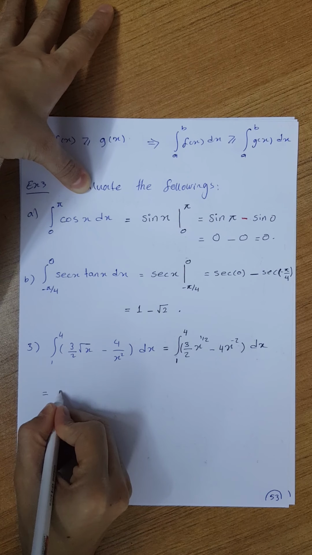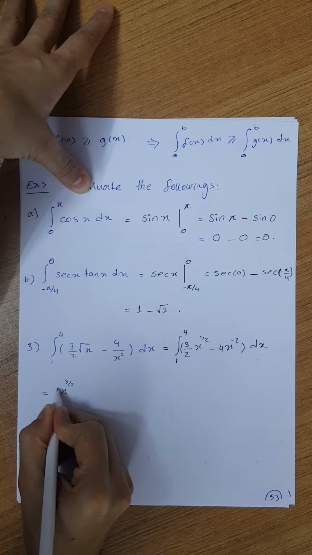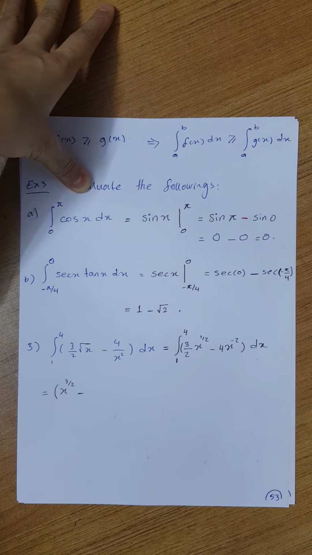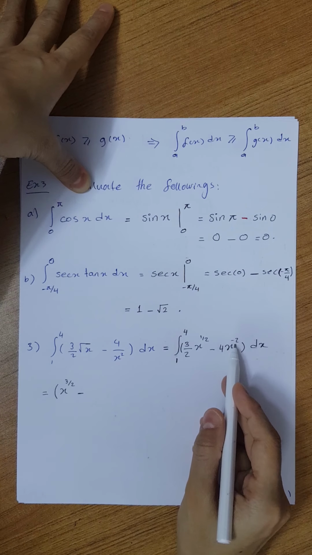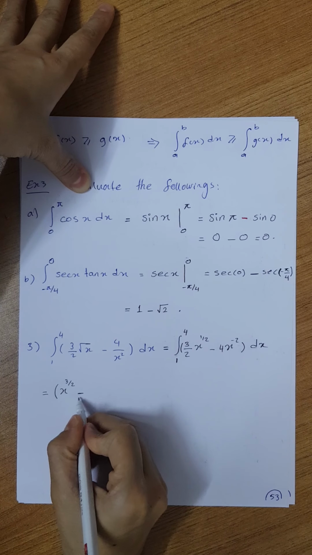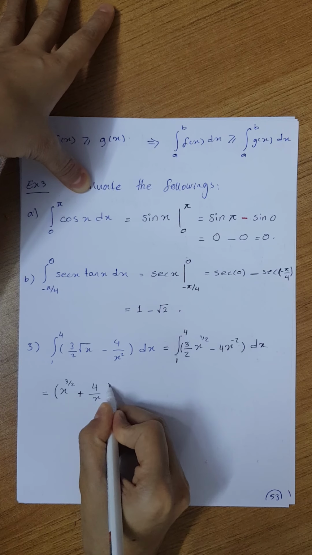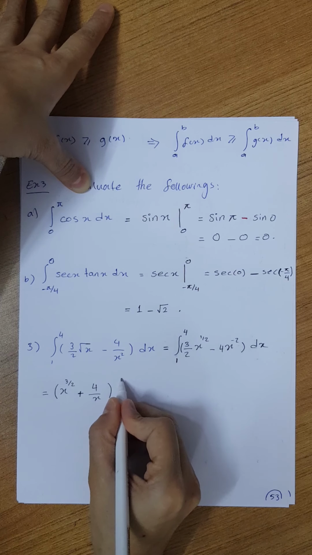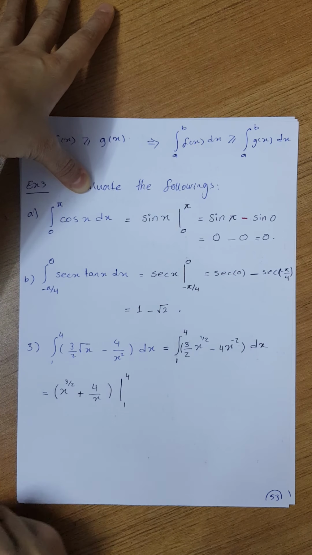So I will simply have x to the power of 3 over 2 minus, I have got 4 here, and the power of this one will be negative 1. So negative and negative makes it positive, and that will be 4 over x. Now this is the integrated function, and the interval is from 1 to 4.